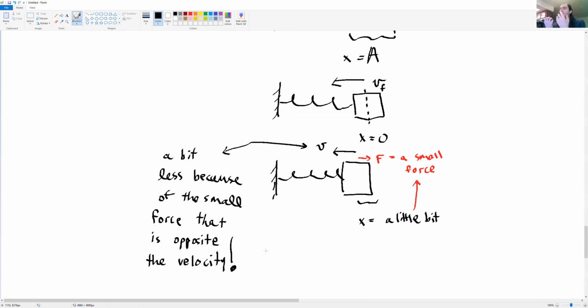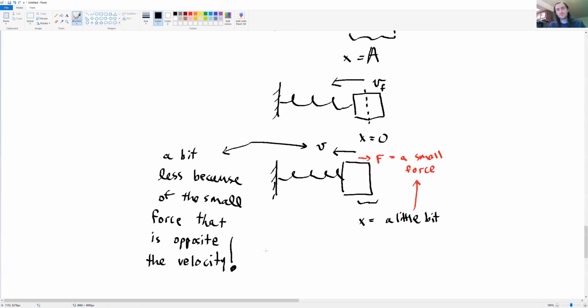So since this thing has velocity at equilibrium, as soon as it starts to move, it begins to compress the spring. Once it starts compressing the spring, it starts to lose kinetic energy and gain potential energy.